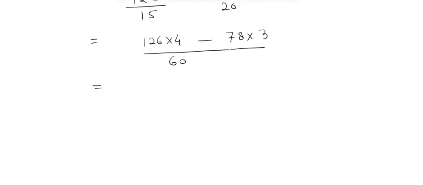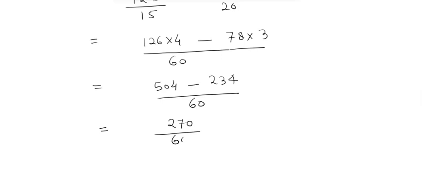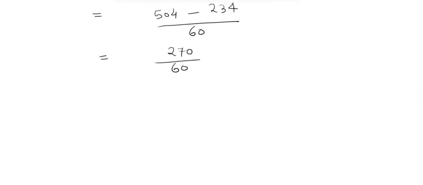So now after simplifying we will get 504 minus 234 divided by 60. So here we will get 270 divided by 60. Now after simplifying, 0 cancel, so we will get 27 divided by 6. 3 nines are 27, 3 twos are 6.